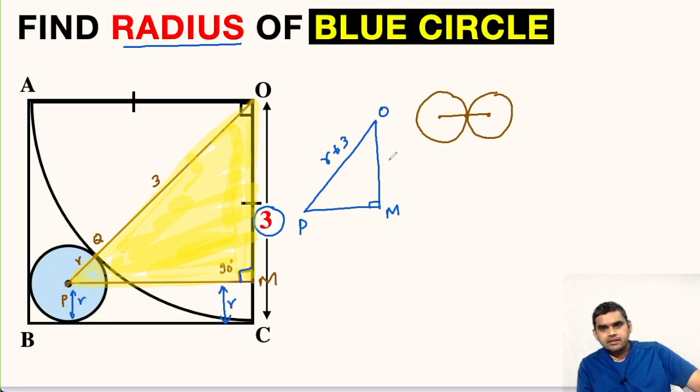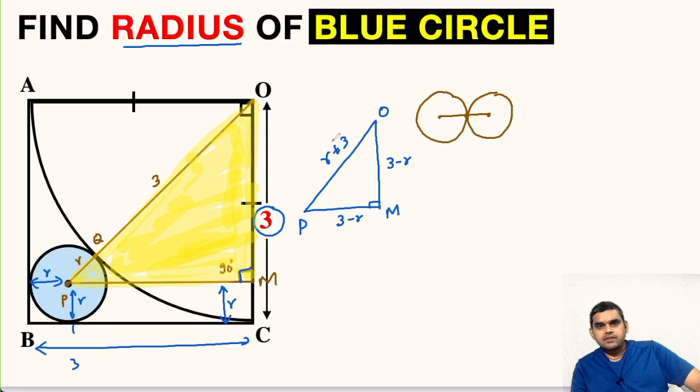So we can write OM as 3 minus R. Likewise, if we want to find this length PM, the entire length will be 3 units, and if we subtract this distance small r, the remaining distance will be PM, so this will also be 3 minus R. Now we will apply Pythagorean theorem in this right triangle and we will get the value of R.